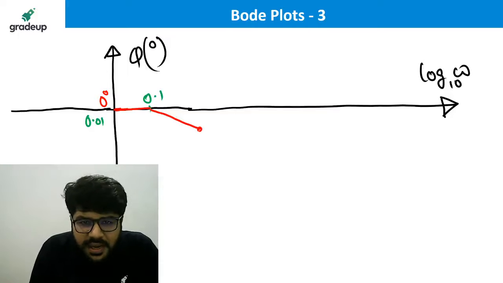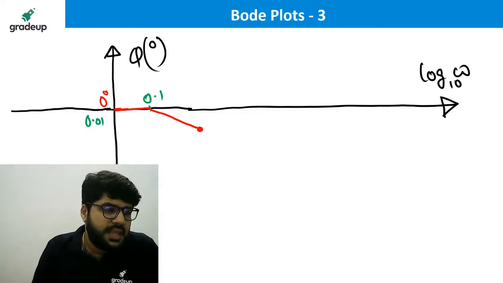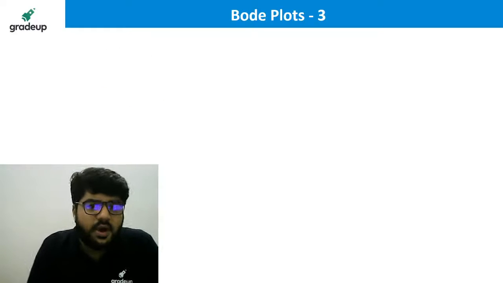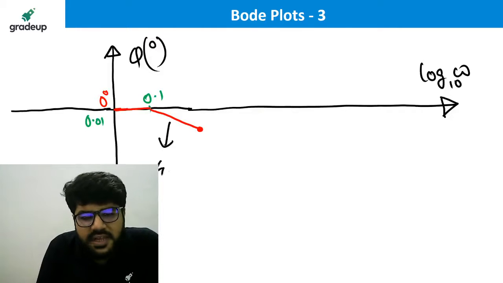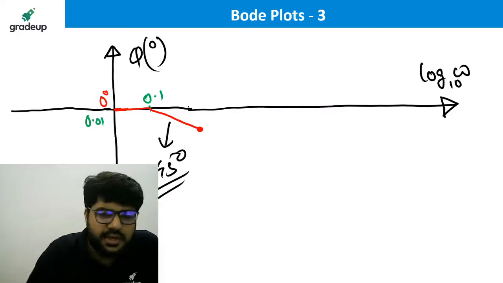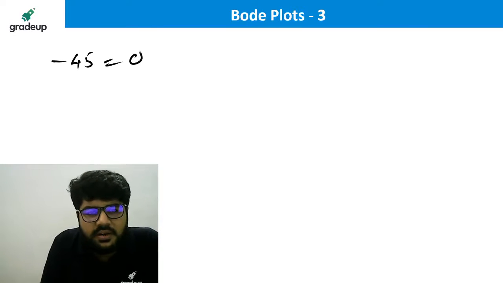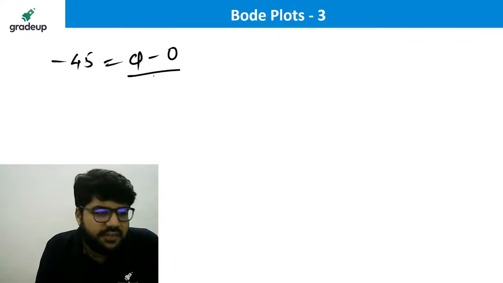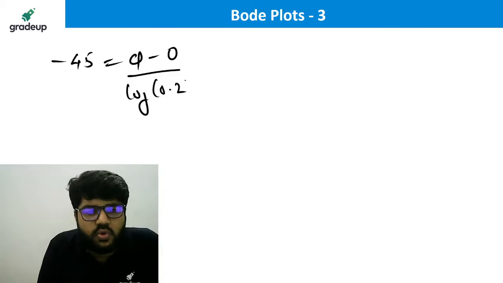What is the phase at minus 45? If you want to calculate in detail, that is also calculable. The slope of this line, I can calculate this also. Minus 45 equals phase minus 0 divided by log of 0.2 upon 0.1, the next coming frequency.